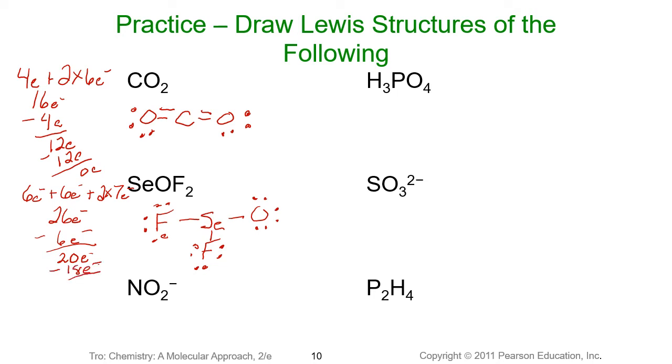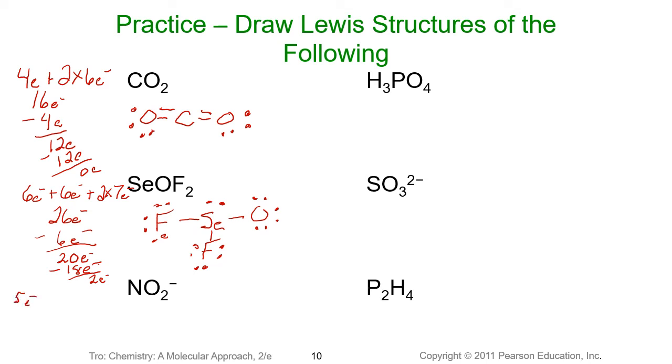We have 2 electrons left over. Because at this point all of our outside octets are full and we have electrons left over, they are going to go on the center atom. And so now each one of our elements has an octet, including our center atom.